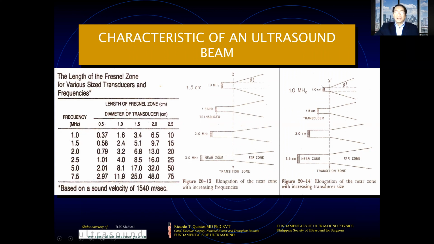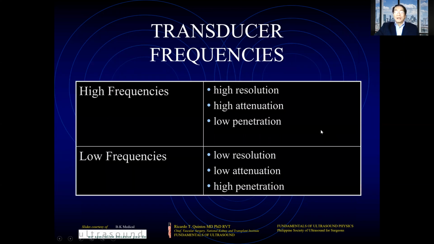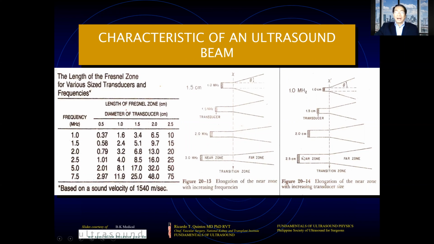So here in this diagram, with the frequency being kept constant at 1 megahertz, with the size of the transducer becoming bigger and bigger, you will see that the length of the near zone is becoming longer and longer. So with the size of the transducer, you're going to have a longer near zone, which means you will have a greater distance of a higher resolution.